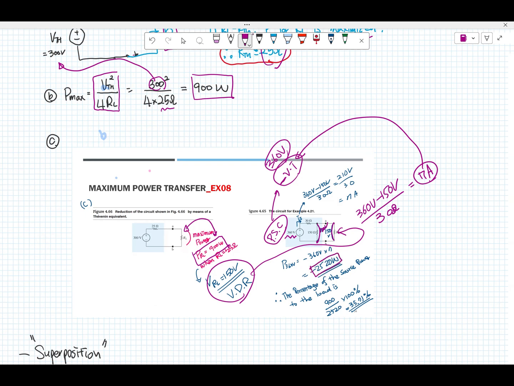The minus sign has a physical meaning: that was supply, okay? So 2.5 kilowatts, 2520 watts. The ratio of the load power, the maximum power for R sub L, 900, to the supply power 2520, multiplied by 100, is 35.71 percent, okay?